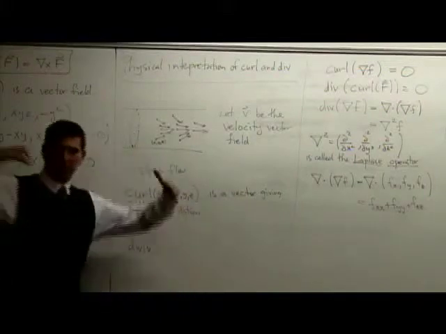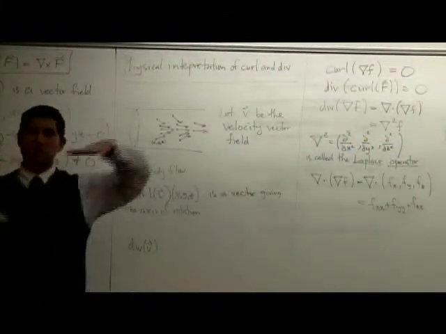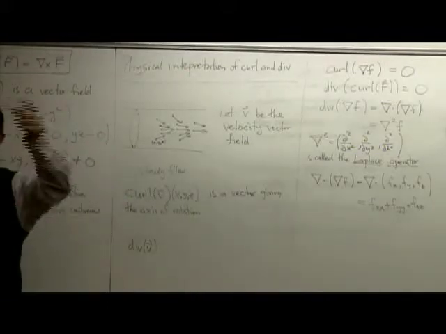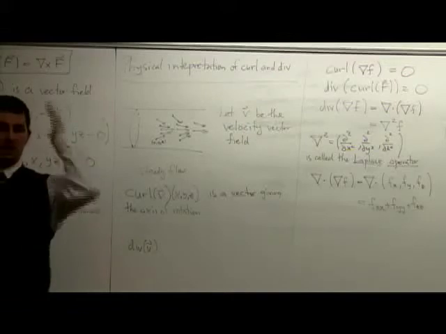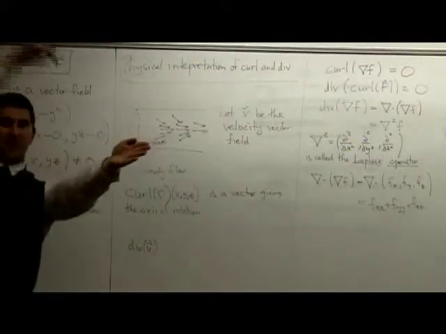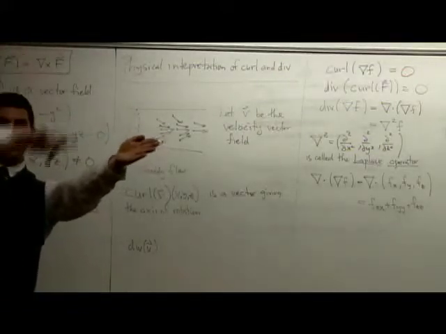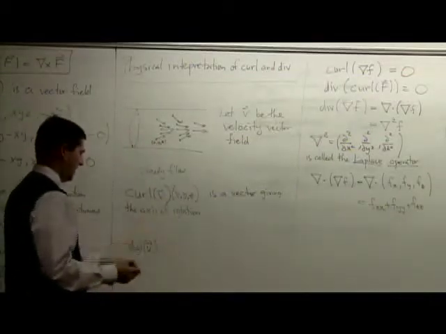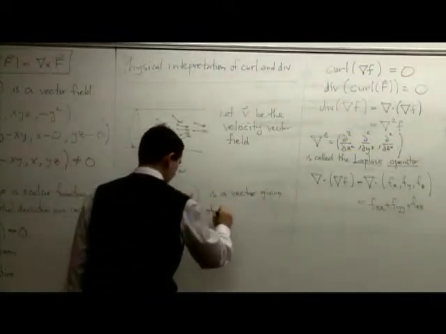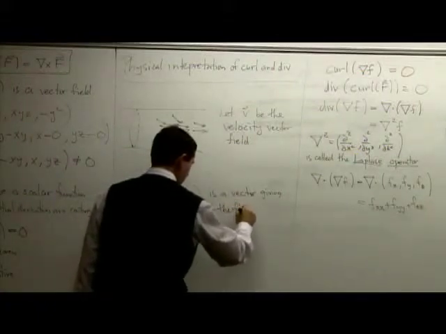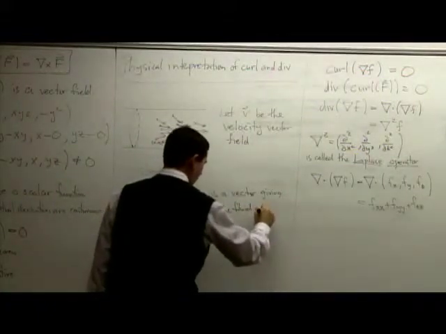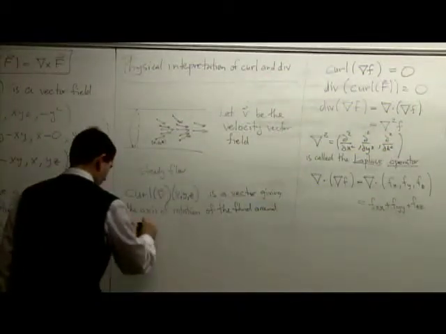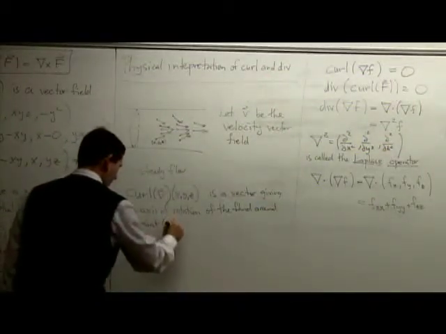So if you think all this fluid is moving, there's rotation going on there. And whenever you have rotation, it rotates around some axis. This vector is going to tell you the axis of rotation of the fluid at that point. So this is a vector giving the axis of rotation of the fluid around the point x, y, z.